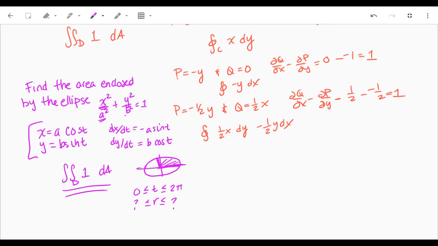What's not going to be as tricky is if we try to integrate over the closed curve with respect to t, because we do know that t is between 0 and 2 pi. Okay, so this is a good example of when that line integral is easier than the area integral.